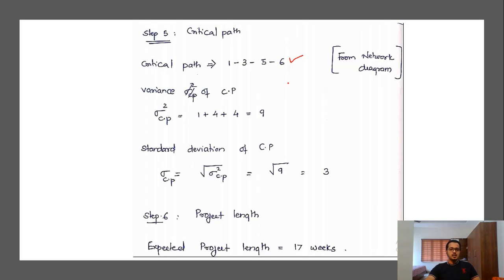So the variance of the critical path. Variance of 1, 3 is equal to 1. Okay, variance of 3, 5 is equal to 4, and variance of 5, 6 is equal to 4. So you just add it and you get the value as 9.